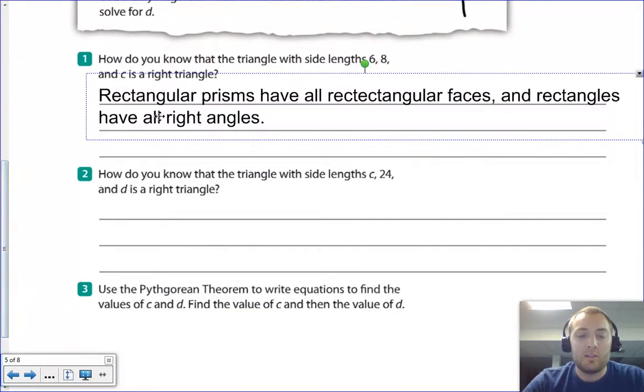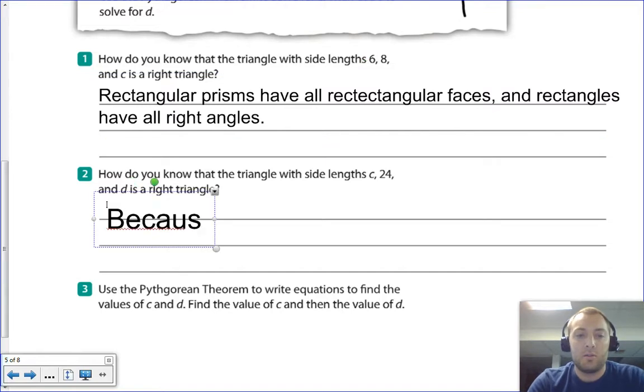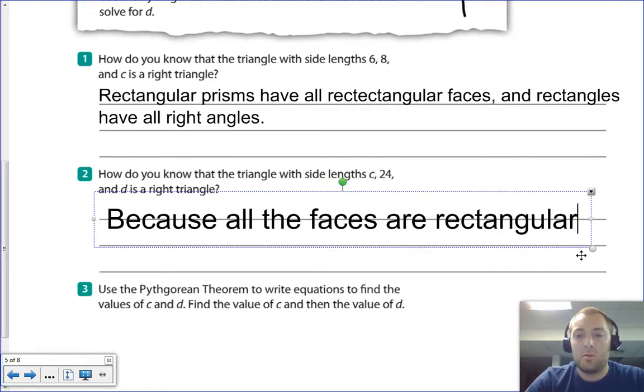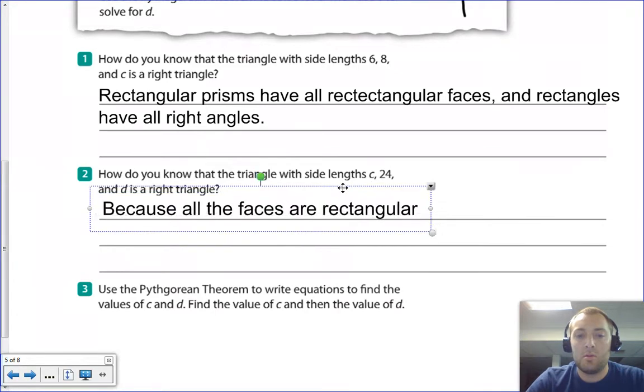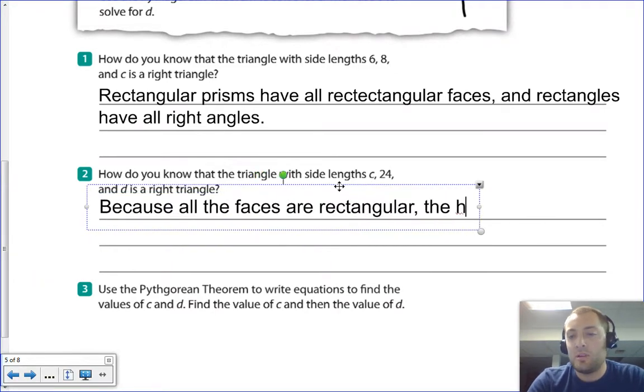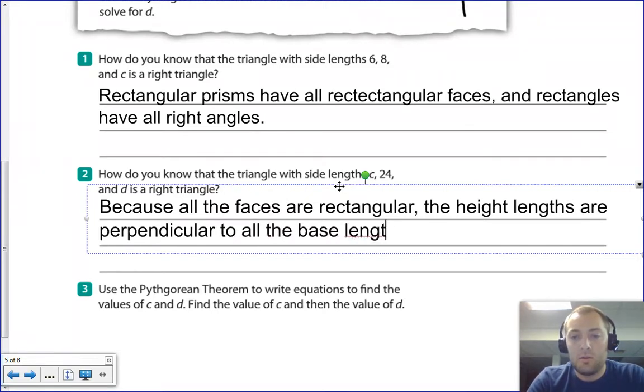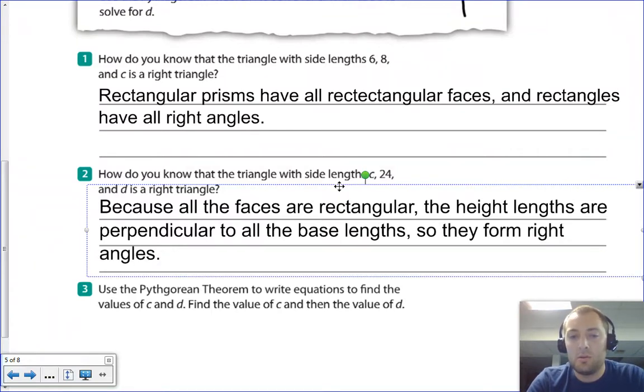But again, because it's a rectangular prism, we'll say the height lengths are perpendicular to all the bases, all the base lengths. So they form right angles, which means we have a right triangle as well there.